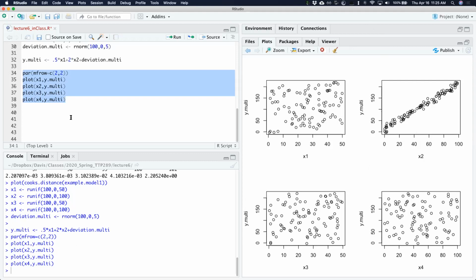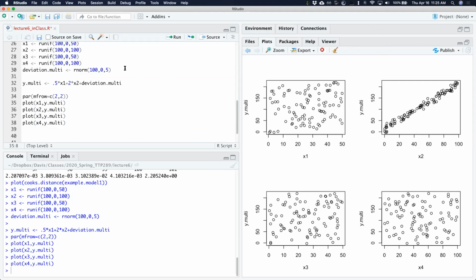Here we can see the relationship. I'm graphing the relationship between my x's and my y's, and I know for certain that there is a real relationship between x1 and my y's, because this is my known function. And you can actually see the relationship between x2 and your y here.